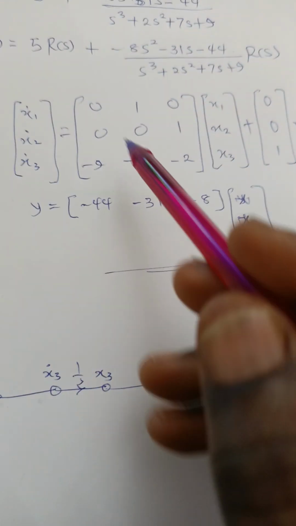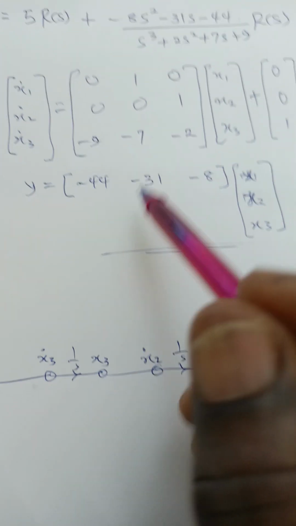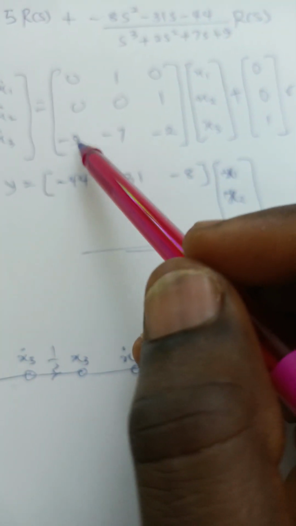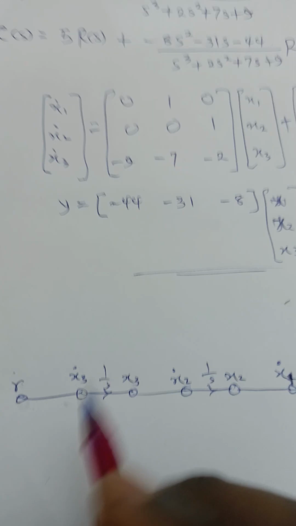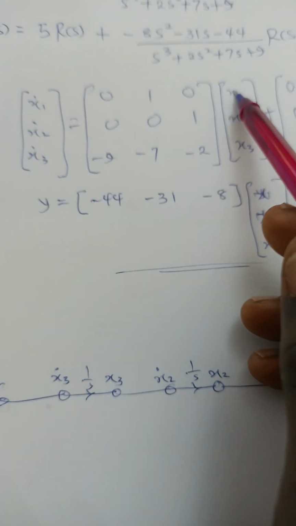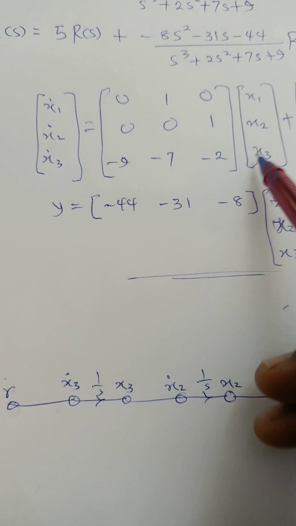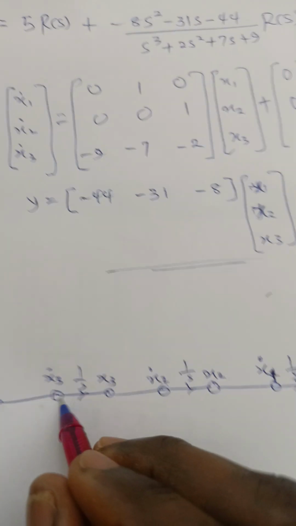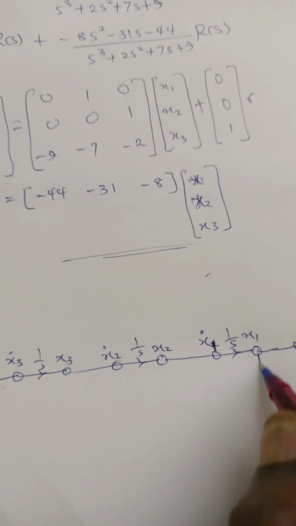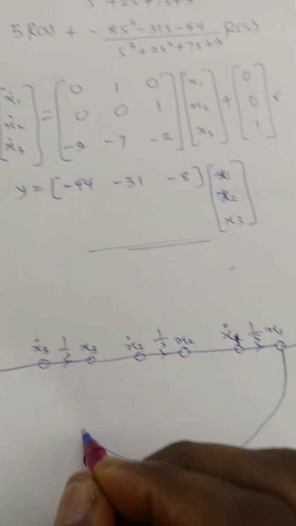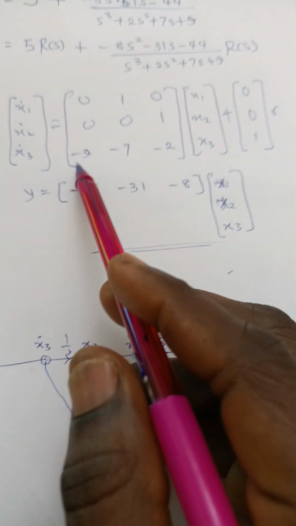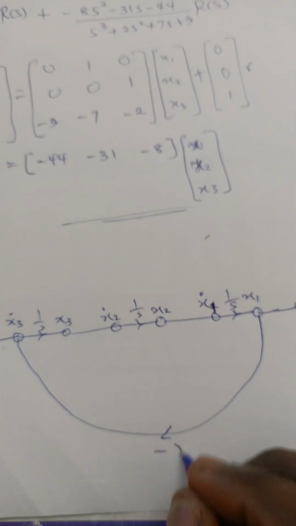Okay. Now, if we want to link these ones together, we see that for our x3, x1 multiplies this, right? So x1 goes from there, it goes to x3, which is this minus 9.